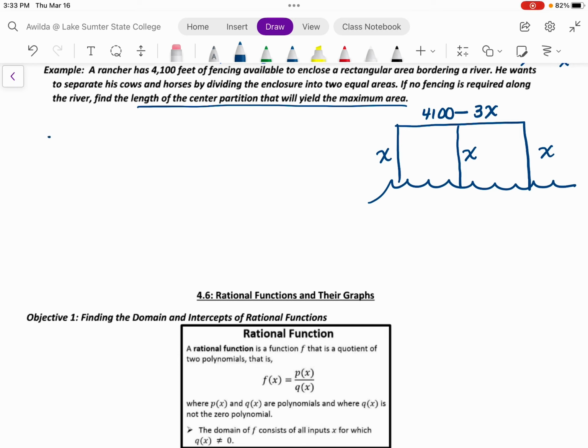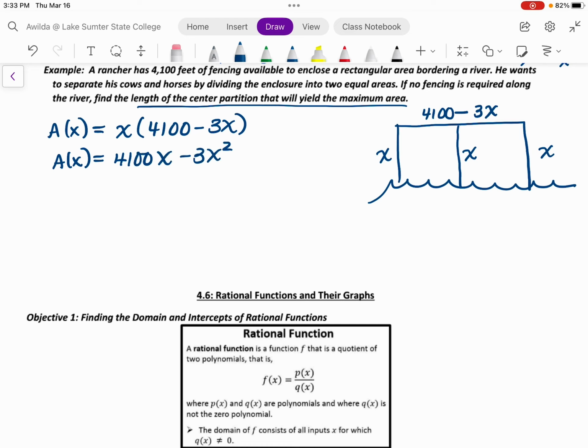So the area is going to be, in this case, length times width. And let's write this as 4100 times x minus 3x squared, or even better, let's write it as negative 3x squared plus 4100x.